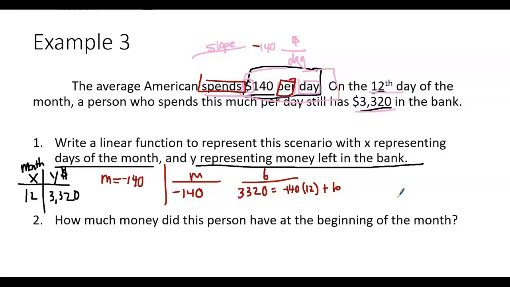I don't have the brain power to do that. Let's see. 1680. So that's 12 days, right? Spending $140 every day. So 140 times 12 is we spent a total of 1680. And that leaves us with this much money in the bank. So if I want to solve for b, which is my y-intercept, my starting amount, we just add this back over here to this side.